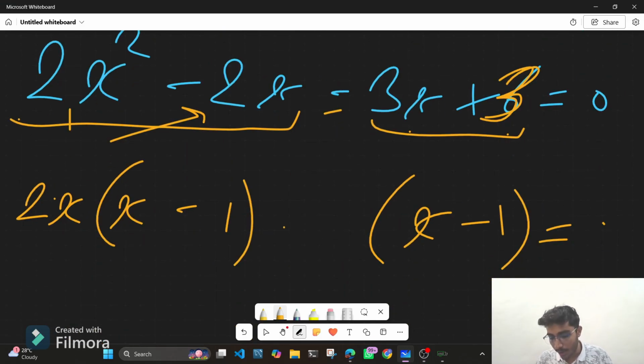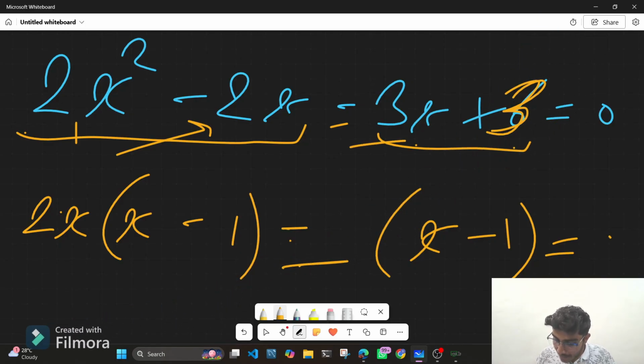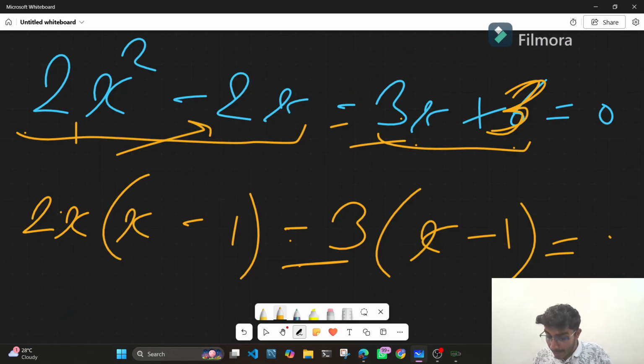It was done by mistake. Okay, cool. So I want something to be written over here that gives, when we open the bracket, minus 3x plus 3. If I write minus 3 over here and open the bracket, I'll get minus 3 into x, that is minus 3x, and minus 3 into minus 1, that is plus 3.